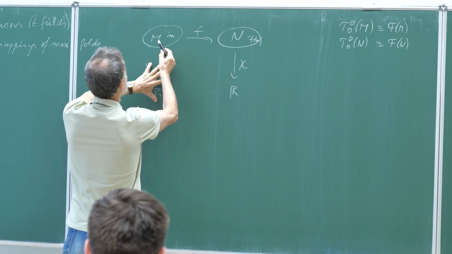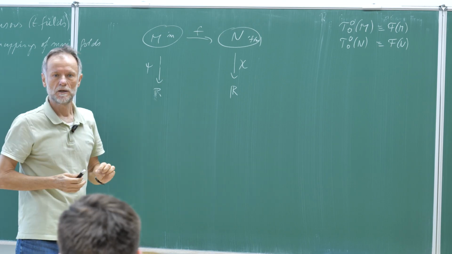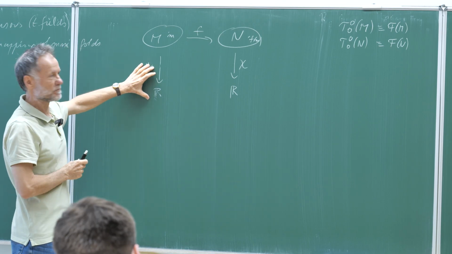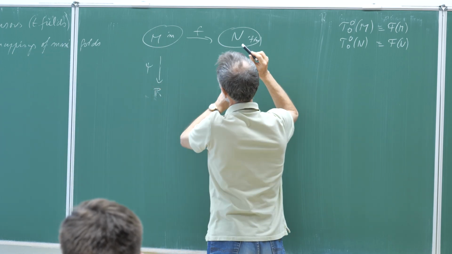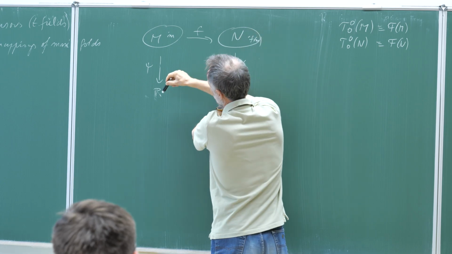What does it mean? To make some arrow from here to here. Yes? And oppositely, if we have only this function and not this one, is it possible to construct a function on N? That means some arrow from N to R.